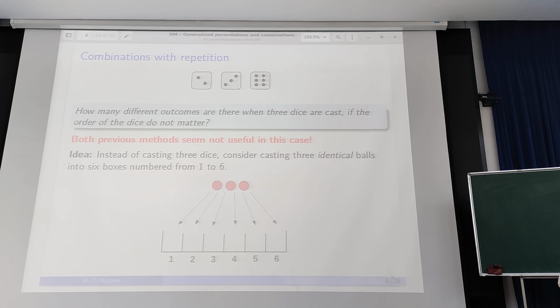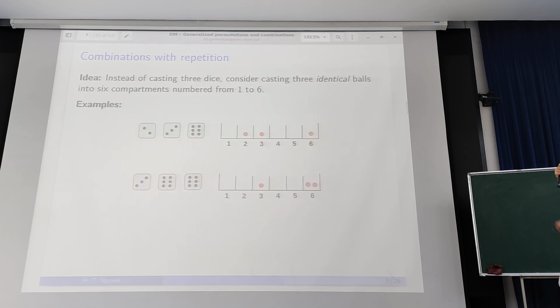Okay? So it's a different way, but the result is the same. So now, instead of throwing 3 dice, we will throw 3 balls into the boxes, and here is how the result will be represented.